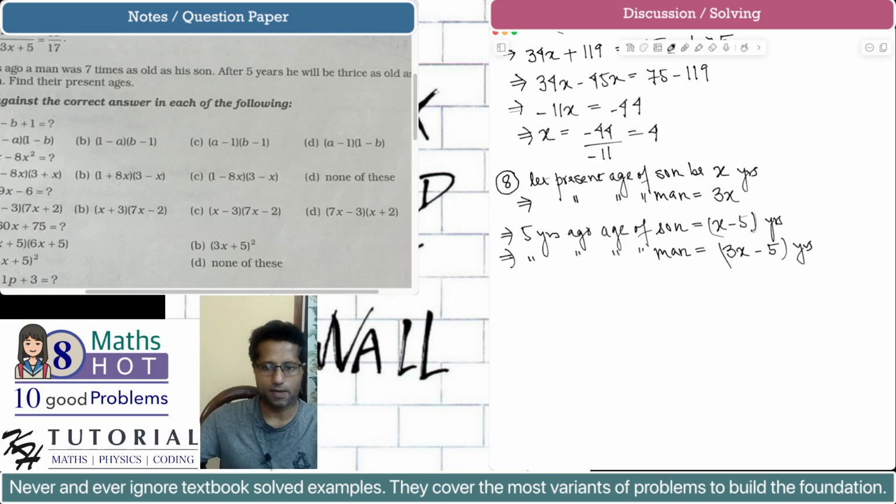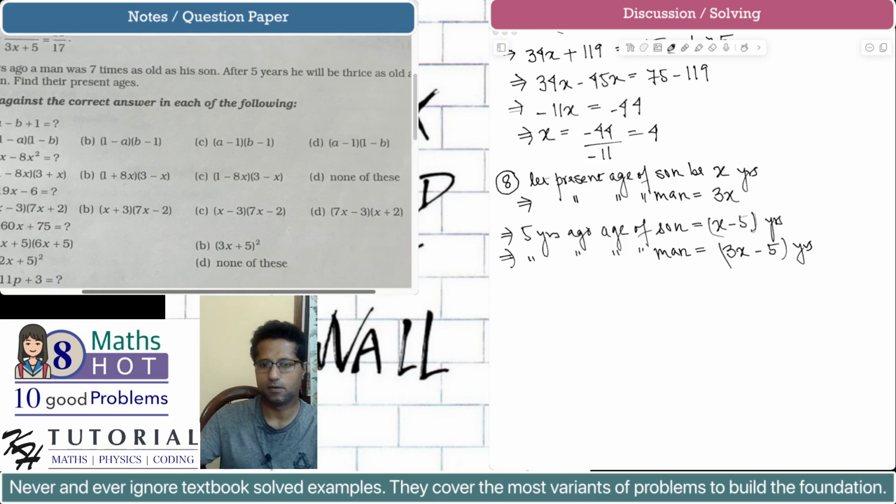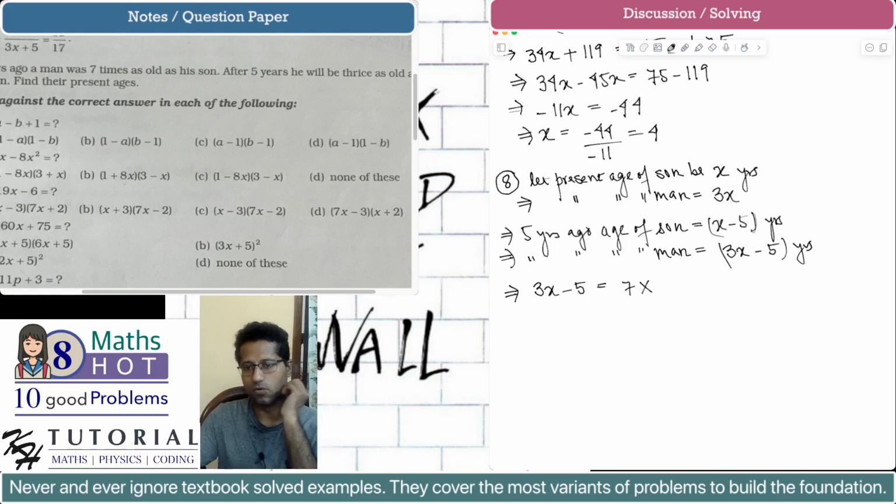Now it is given that 5 years ago, a man was 7 times as old as his son. So we can say that 3x minus 5, which is the age of the man 5 years ago, will be 7 times the age of the son 5 years ago, which is x minus 5. So this is the equation we formed, which we need to solve. Solving this, we will get x, which will be the present age of the son.